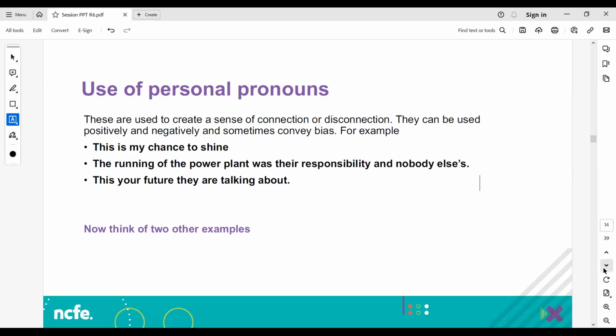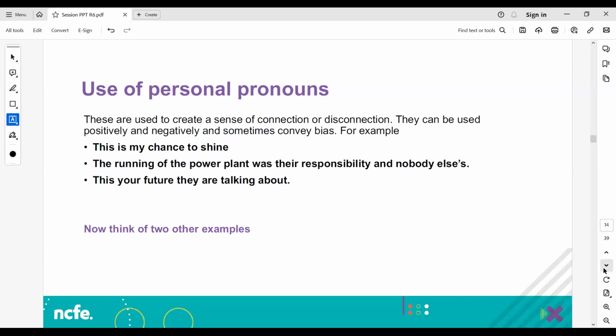So using that personal pronoun to stress whose responsibility it is. And this is your future they are talking about. So it doesn't matter to me, this is your future they are talking about.